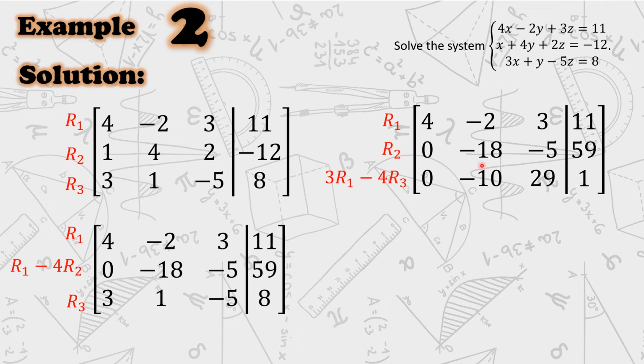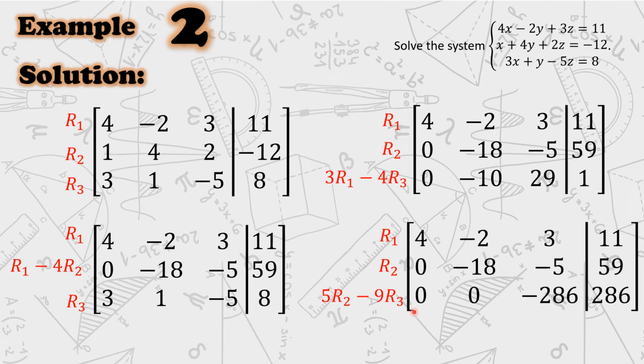Next, the third row second column element must be 0 to have an upper triangular matrix. And to do that, we'll do the operation 5R sub 2 minus 9R sub 3. And then we're going to retain the elements in row 1 and row 2 from the previous matrix.